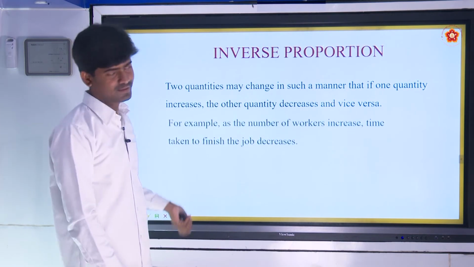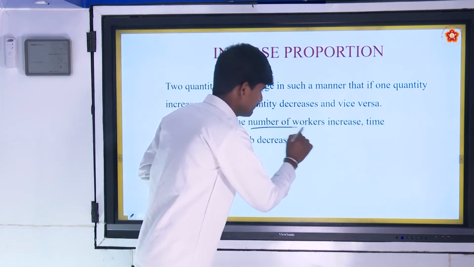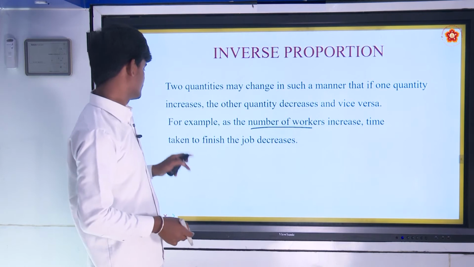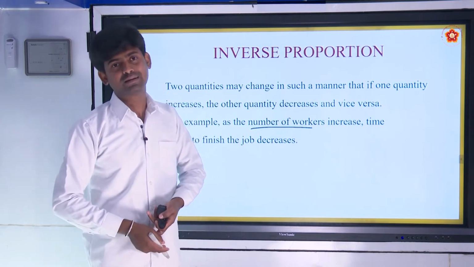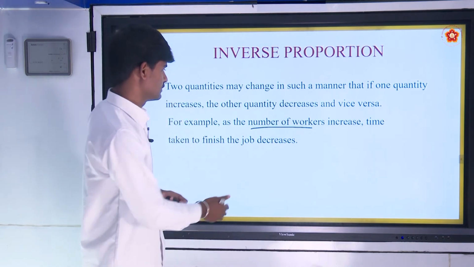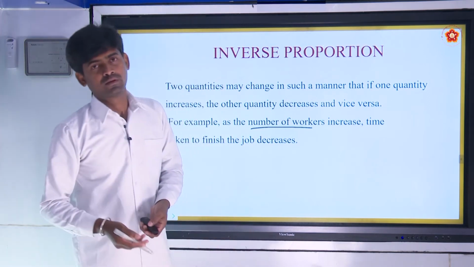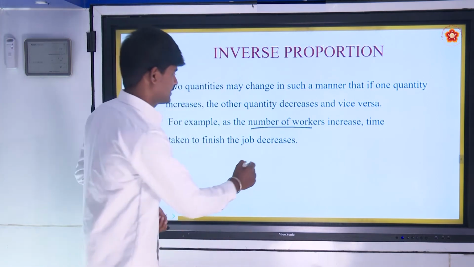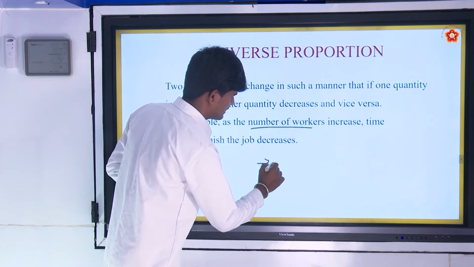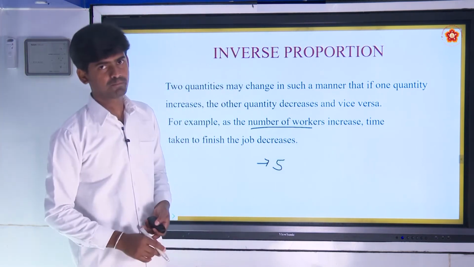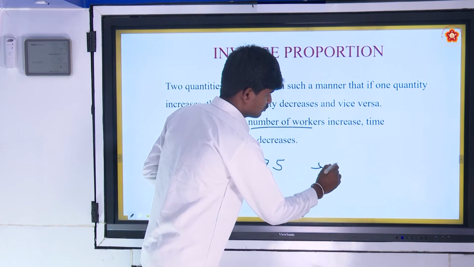Example: as the number of workers increases, the time taken to finish the job decreases. I already told you about the number of workers. Suppose I build a building with 5 workers per day, it will take hardly 2 months.